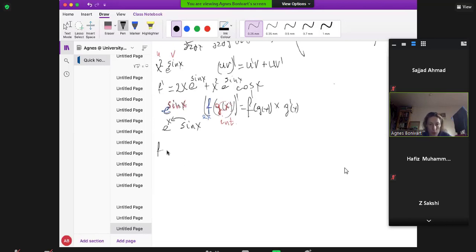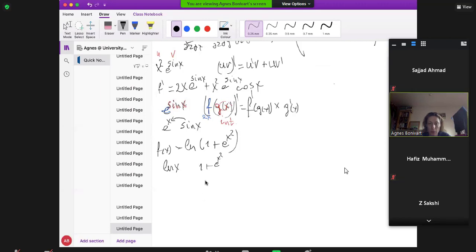Let's do another one. ln of 1 plus e to the x squared. So this is again a composite function. It is composed of ln x and 1 plus e to the power x squared.